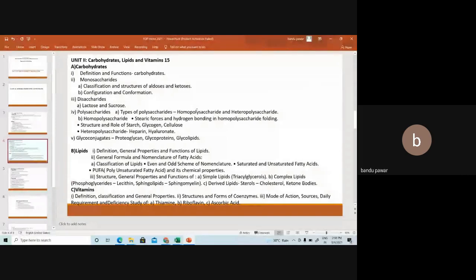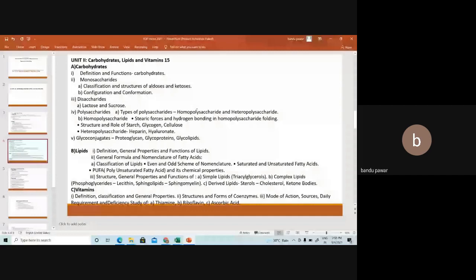Homopolysaccharides that play an energy storage role are starch, glycogen, and inulin.